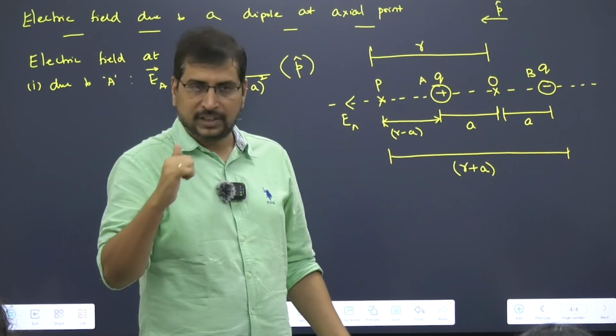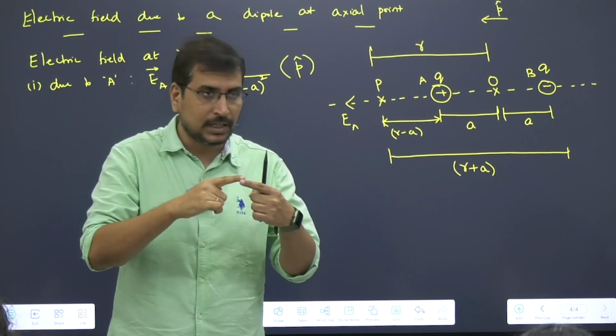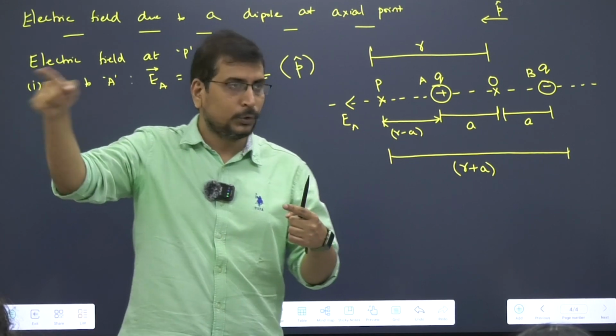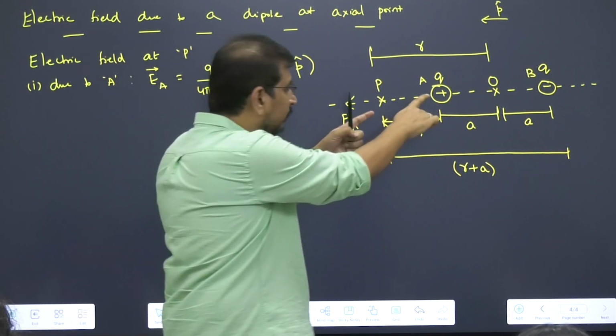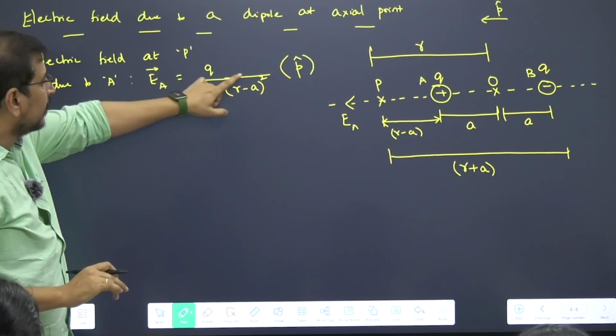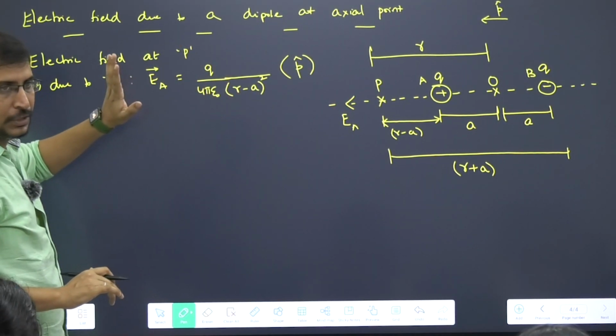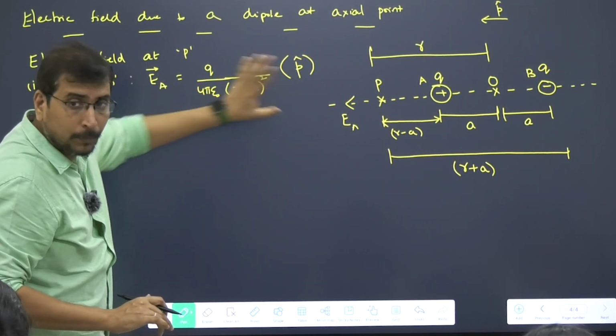What is the distance? From where should you take the distance? Not from the center, from the charge to the point. If you take it from the center, in both the cases you will write r square. No. You should take it from the charge to the point. So it is r minus a the whole square. Then put a bar on top of it and give the direction. So try to write the direction in terms of dipole moment.